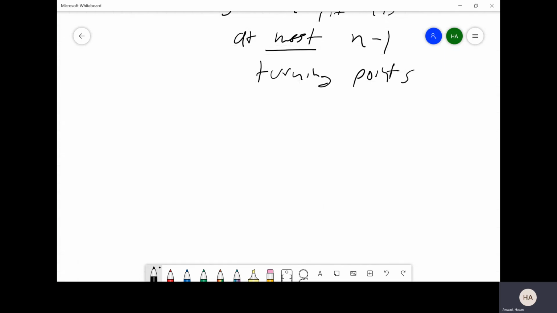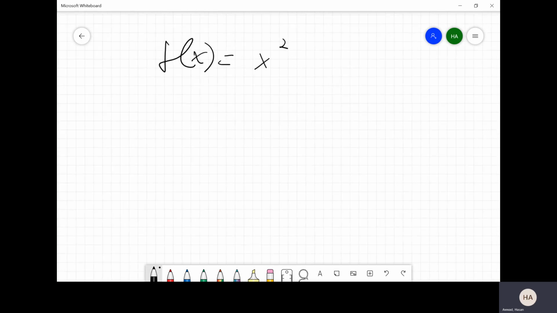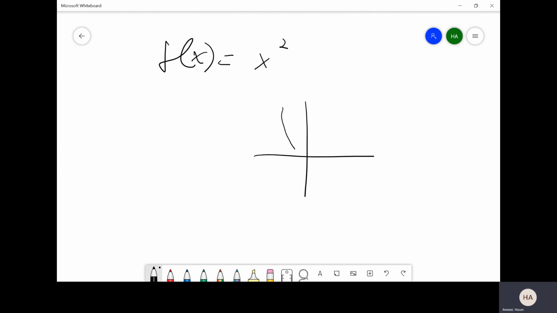So when we look at a function, I always go to our handy dandy trusty parabola, right? Our trusty parabola looks like this. Notice there's only the one turning point. It bottoms out at one specific point. It was decreasing here, and then it starts increasing on the right-hand side. So there was the turning point where it stopped decreasing and started increasing.